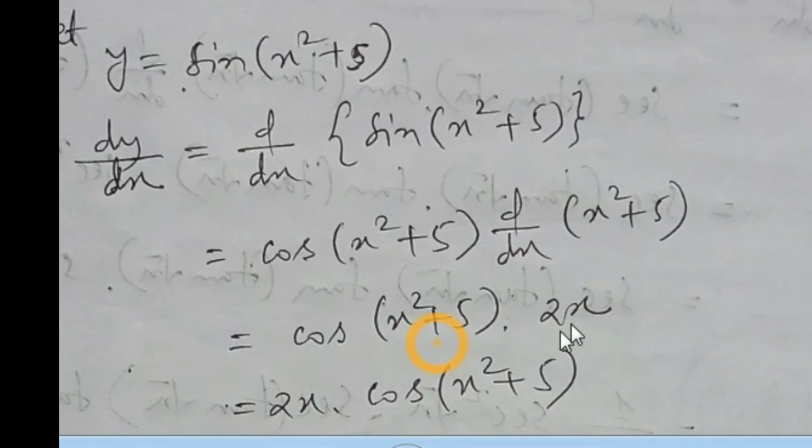Then cos of this part is there, and the differentiation of this is 2x. We will write this 2x here in the front, and we will get the answer. You can notice again that the derivative of sine of this part is cos of this part, but this part is not x, so we will differentiate it again, with a multiplication sign, and then we will get the result.